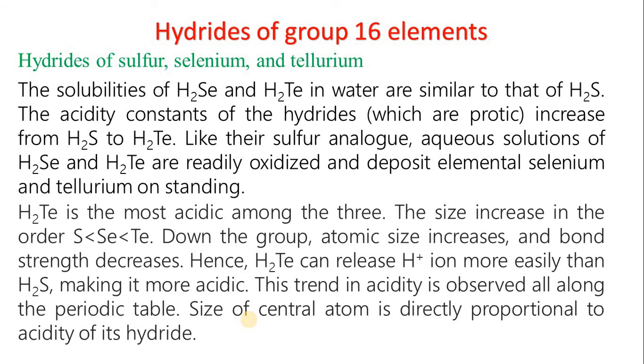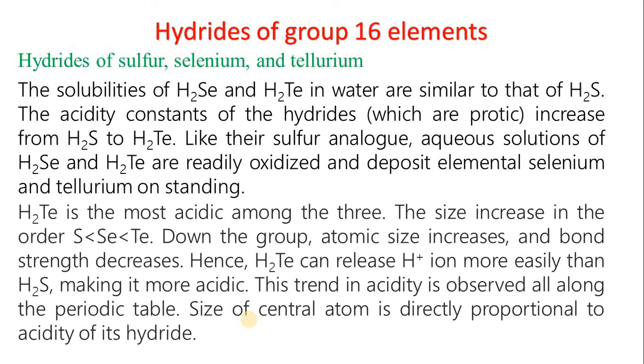Why? The size increases as we go from oxygen to tellurium, in the order oxygen, sulfur, selenium, tellurium. Down the group, atomic size increases, as we know it is a general trend, and bond strength decreases. So the bond with hydrogen weakens. Hence, H2Te can release H plus ion more easily than H2S, making it more acidic.